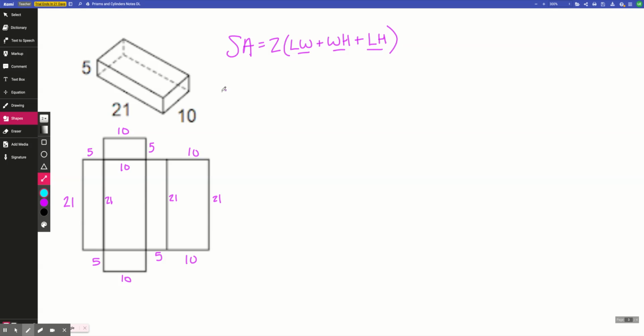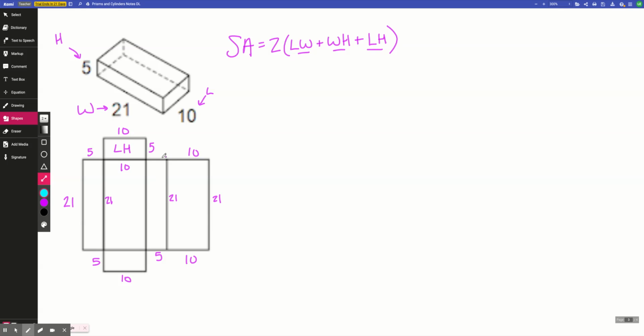So if I say that 5 looks like the height of my prism, 21 looks like the width, and 10 looks like the length, right? So that means that this small rectangle here is length times height. So that's that third one, right?